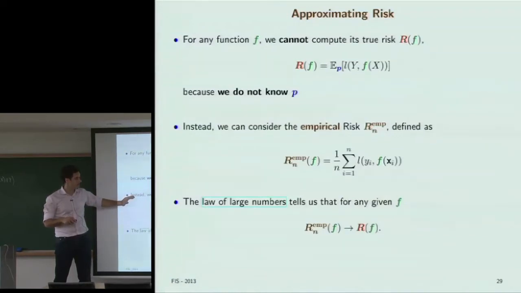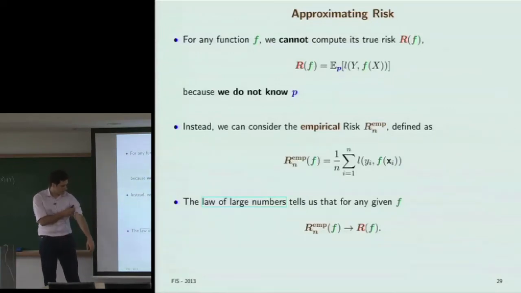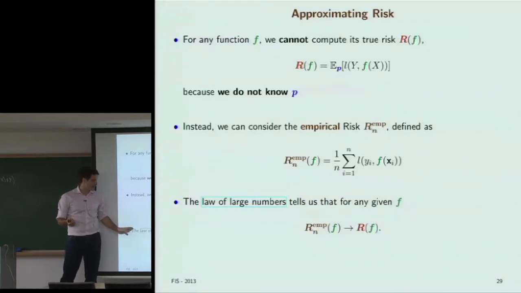It's the same loss here, but it's averaged over data points that appear in your training set. So the law of large numbers tells us that for any given f, if I give you one function f, this will converge to this as n goes to infinity.